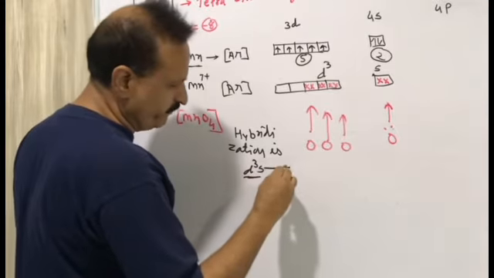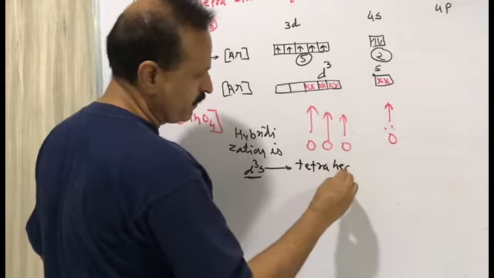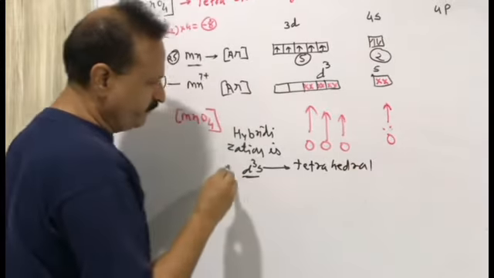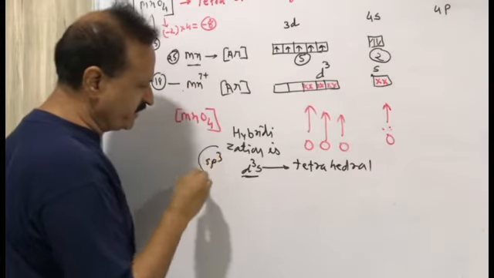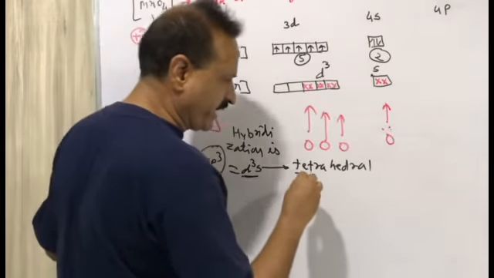So shape will be tetrahedral. If we have sp3 hybridization or d3s hybridization, shape will be tetrahedral.